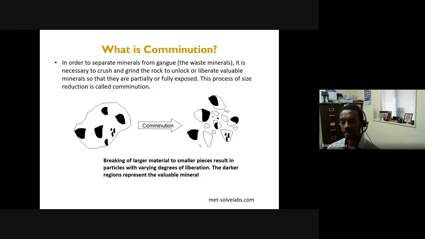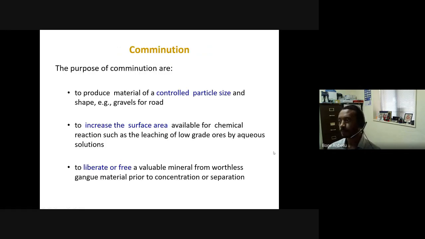Once I create this, I can find a separation method to isolate the valuable and reject the gangue or waste material. That's the whole point of performing crushing and grinding.